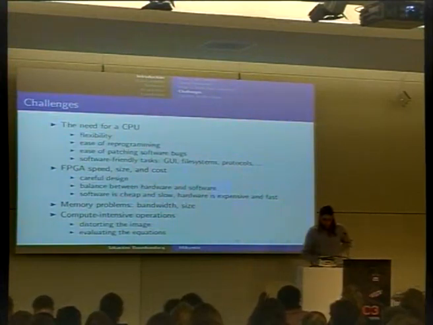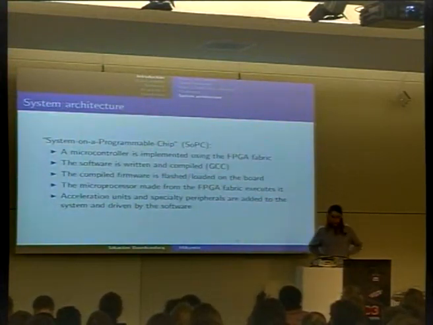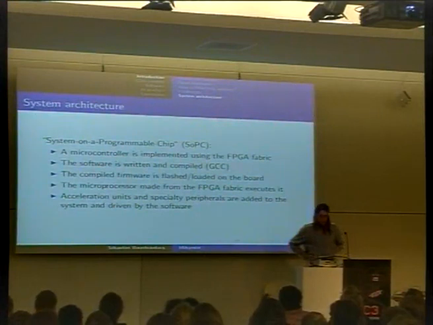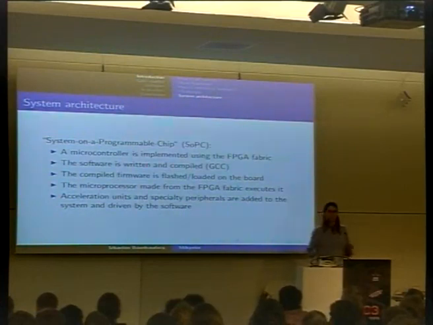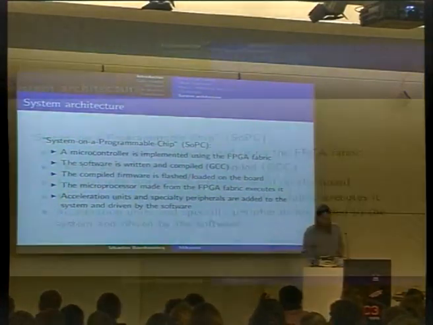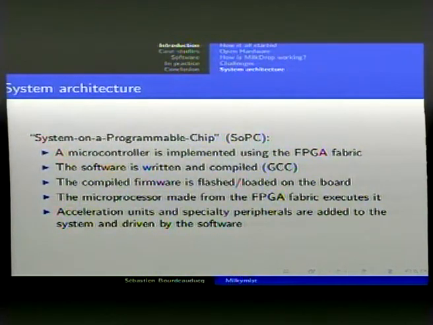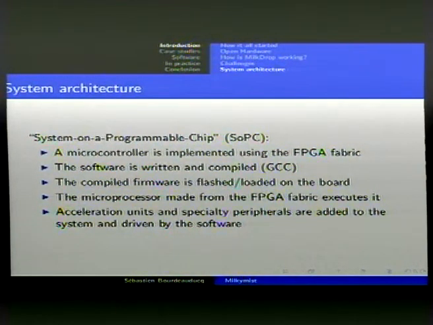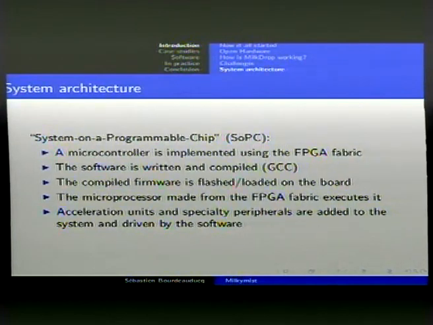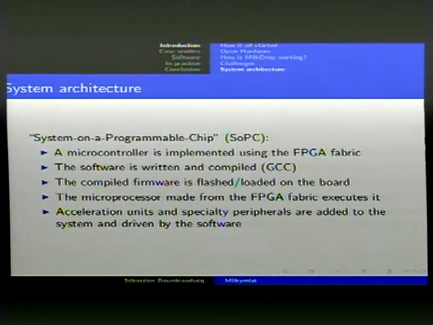So the architecture that I have chosen is a system on programmable chip. A microcontroller, a bit like AVR but a bit more powerful, is implemented in the FPGA fabric. A microcontroller is a CPU plus some additional peripherals, like UART, GPIO, video frame buffer, all this. Then you write software and compile it with GCC, for example.